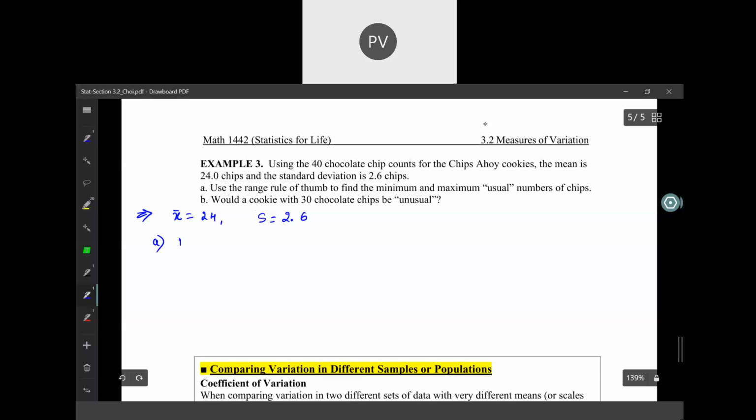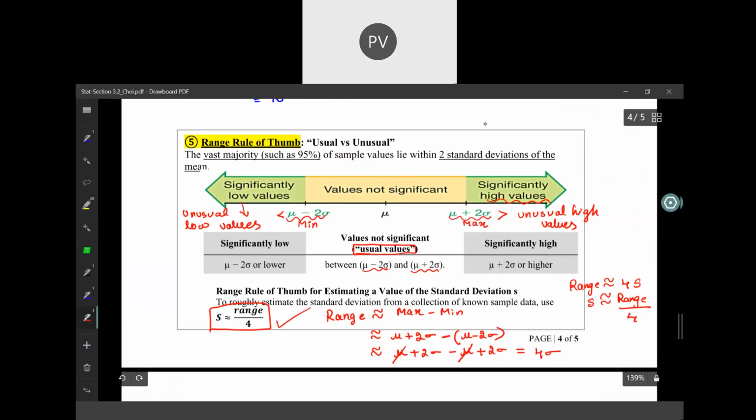So what is the minimum usual value? x bar minus 2 times s, right? As per the range rule of thumb, this is the minimum value. Mu is nothing but x bar.